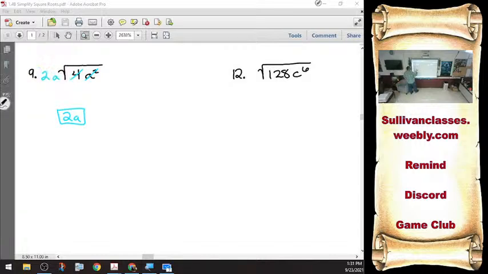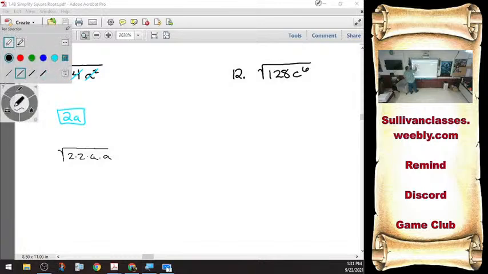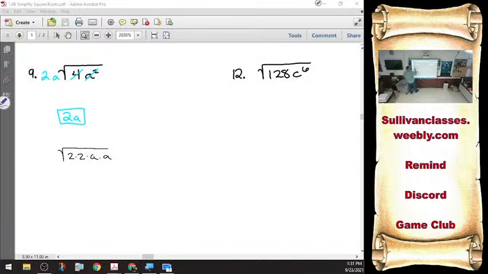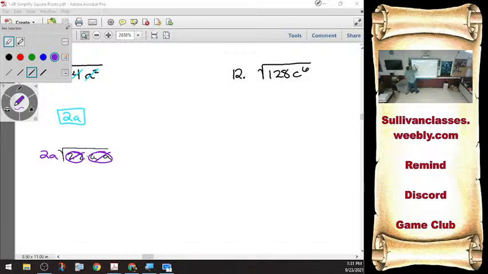I could have written it out as 2 by 2 by a, and said a 2 comes out and a comes out. Both of them are equally correct.